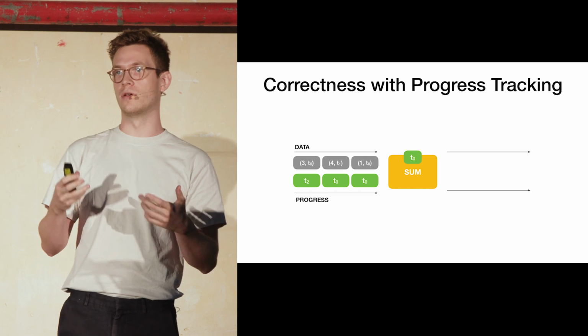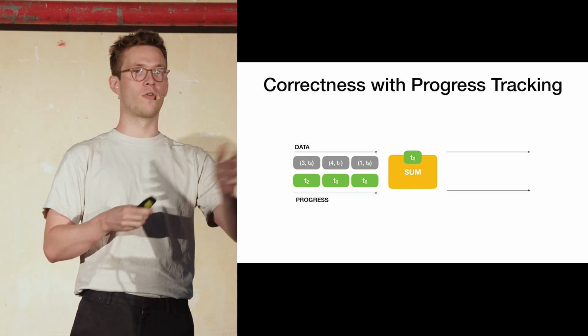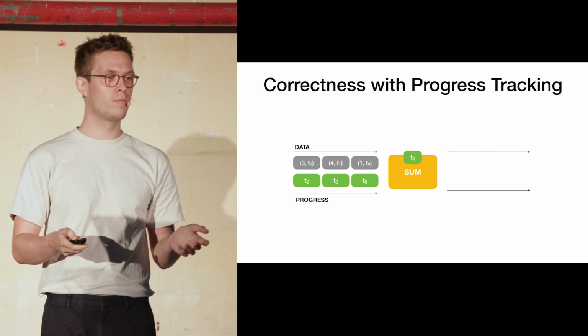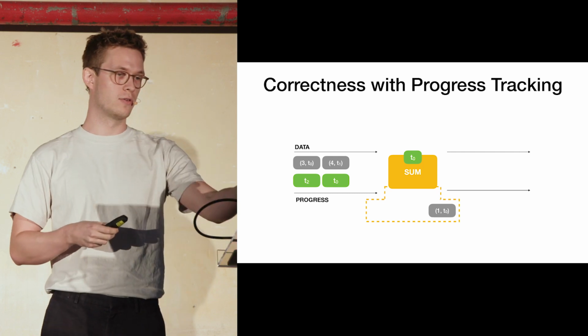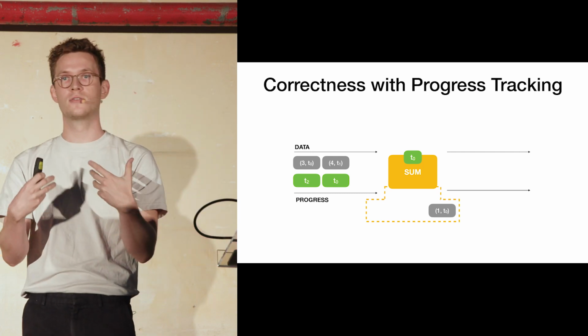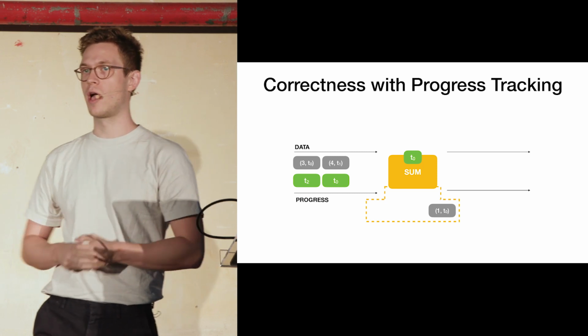So currently we're at the start of our system, so our operator can still see data for every time starting with T0. And if we now process the first record at 1 and T0, this also communicates to the operator there still might be more to come at T0.